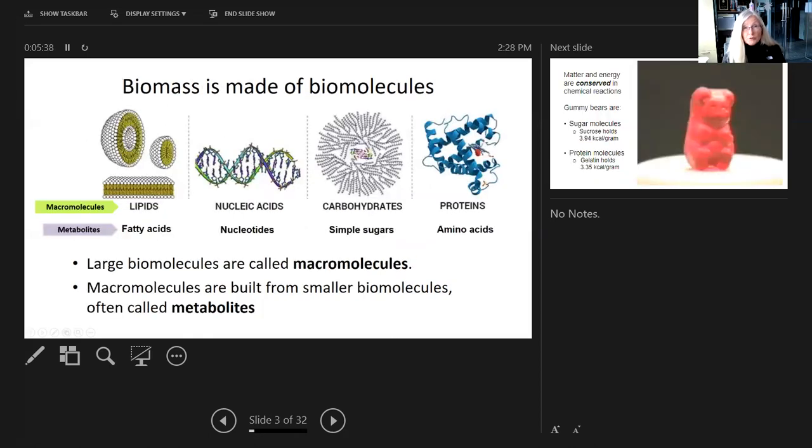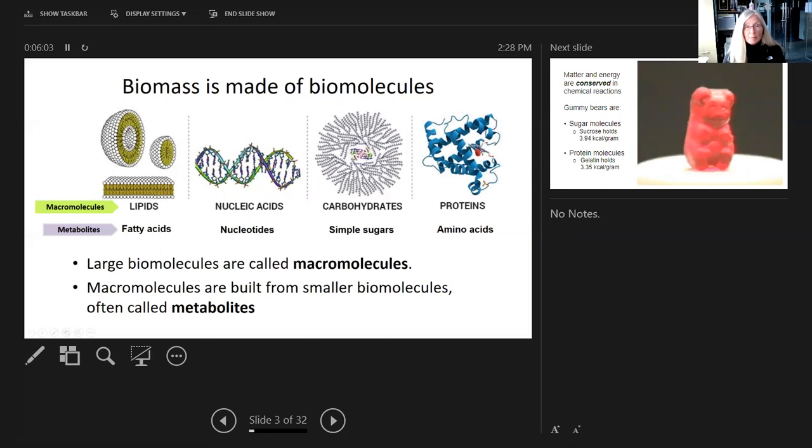So hopefully you also remember the types of biomolecules that biological matter is made out of. There are 4 major classes of these: the lipids, the nucleic acids, the carbohydrates, and the proteins. In your previous classes, you spent a lot of time learning about what those are made out of, and what function or role they play inside of cells.